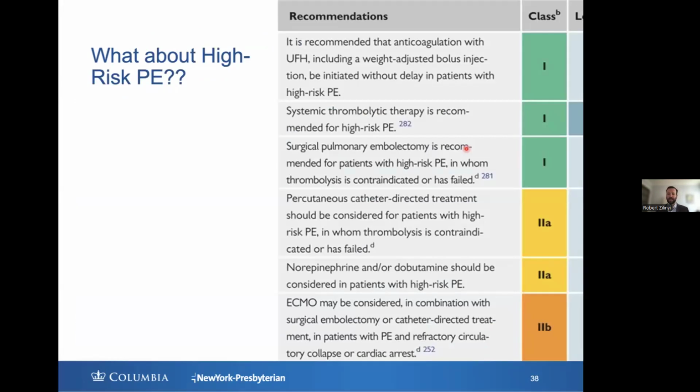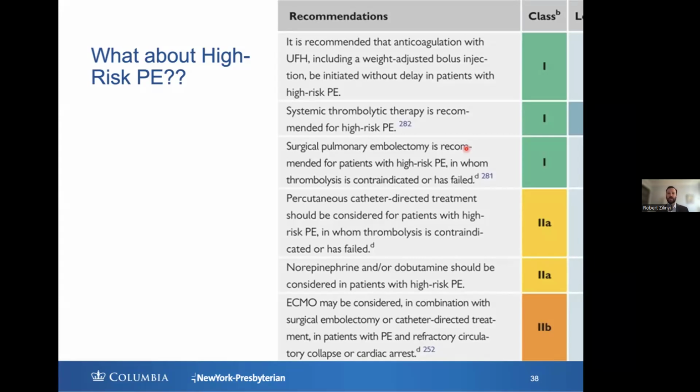And so what about this high-risk patient population? We've spent a lot of time now talking about the data that is going on in the intermediate risk range. And we look at the guidelines from the 2019 ESC guidelines of management of acute PE.